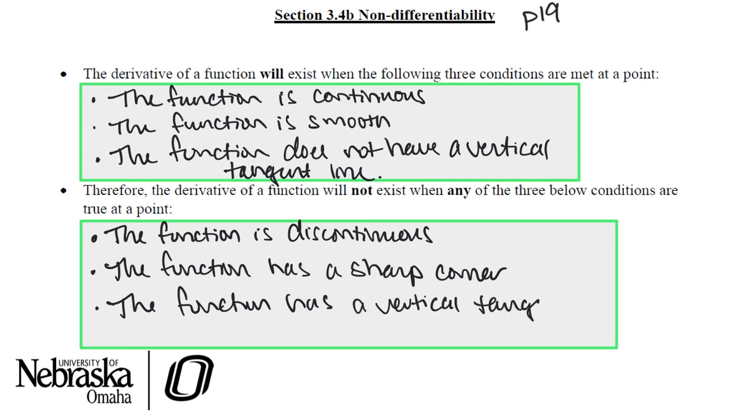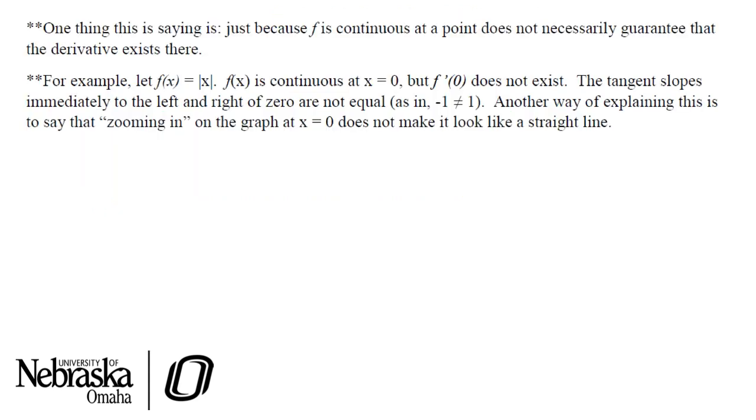What we are saying is just because f is continuous at a point doesn't necessarily mean that the derivative exists there. So it could be continuous, but the derivative might not exist.